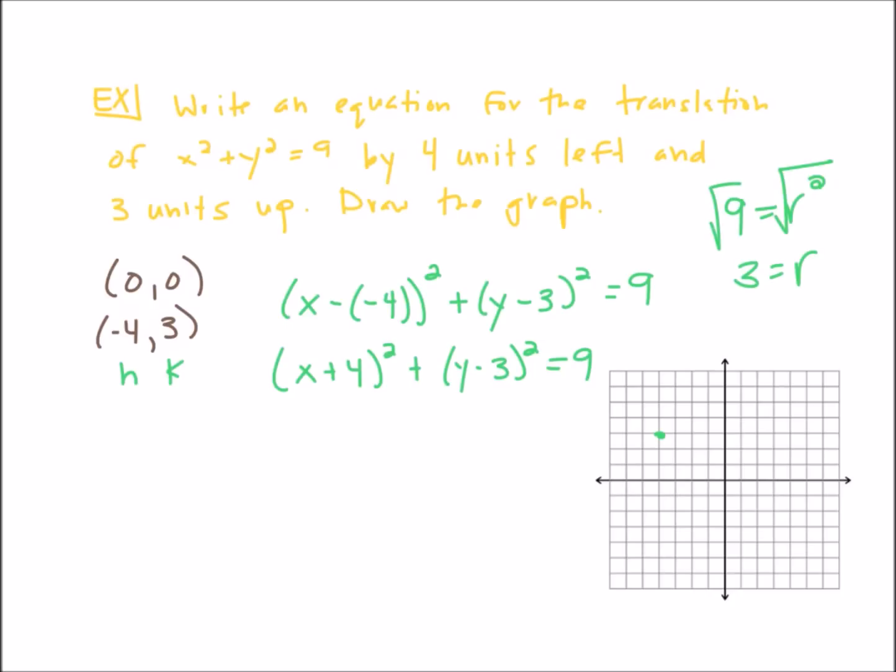So from this point, I'll count out 3. And I'll just do that in the easiest directions, 4 straight out. And then we'll connect our dots. So there's a semi-round circle with a radius of 3, centered at -4, 3, shifted from the origin.